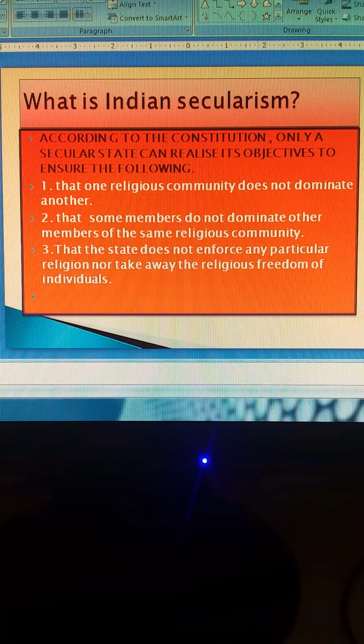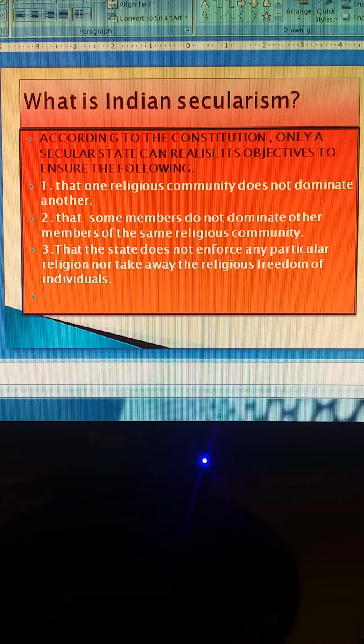If some members of the same religious community dominate others, that should also not take place. Next, the third part is that the state does not enforce any particular religion and does not take away the religious freedom of individuals. Every individual has the freedom to choose a religion, so one cannot force another person to take that religion.